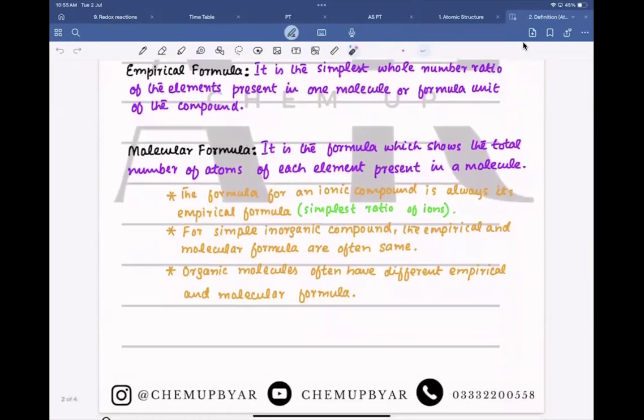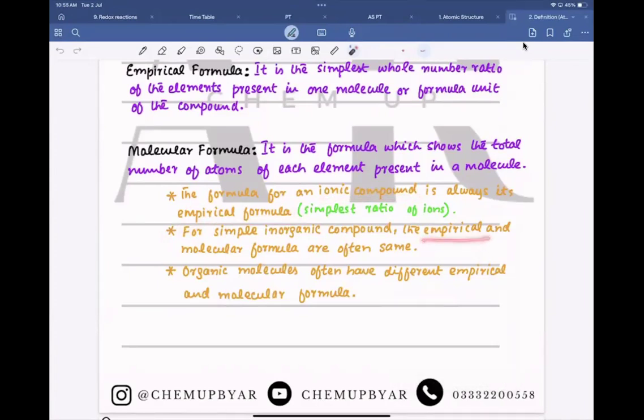Okay. So remember, ionic compounds always have an empirical formula. Ionic compounds do not have a molecular formula. It's so simple, as ionic compounds do not have a molecule, so how could they have a molecular formula, right? Yes. So they are always written in their simplest ratio, and that's what its formula unit or empirical formula is. Okay.